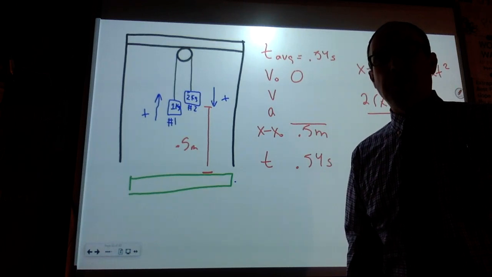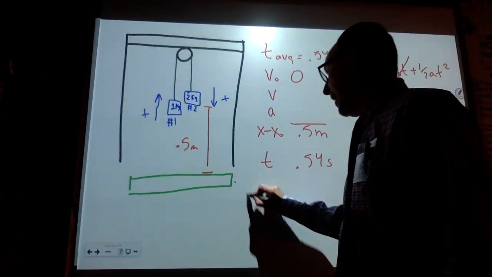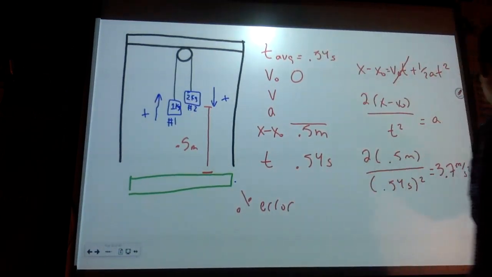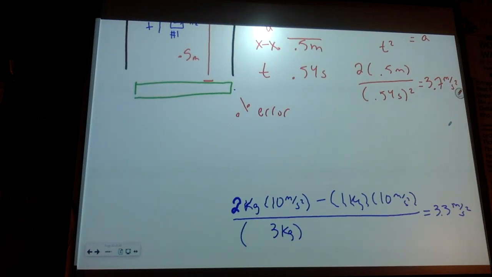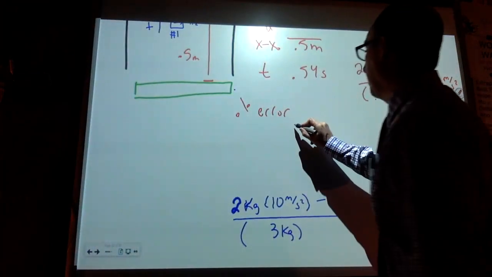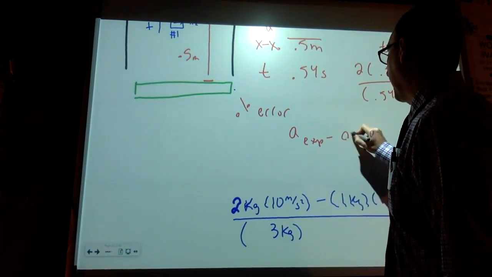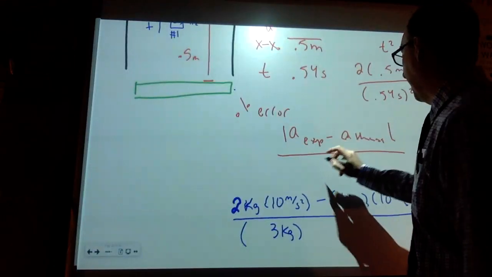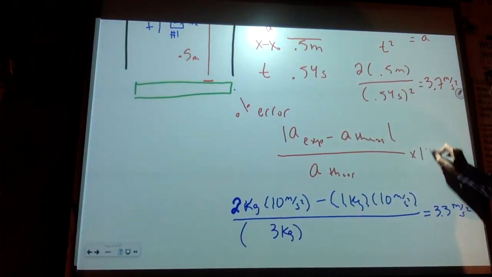All right, so now I'm going to compare these and see how much error I have. And so my percent error is going to take my acceleration experimental minus my acceleration theoretical absolute value divided by my acceleration theoretical times 100.